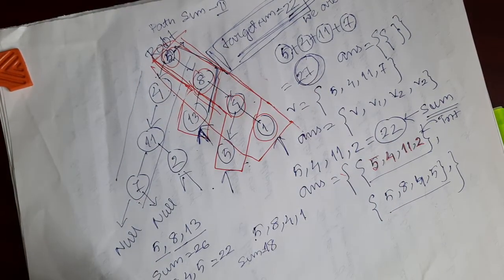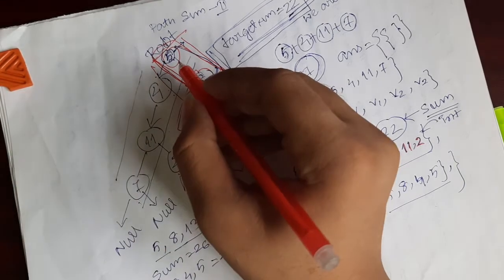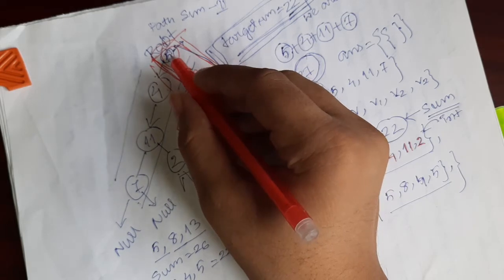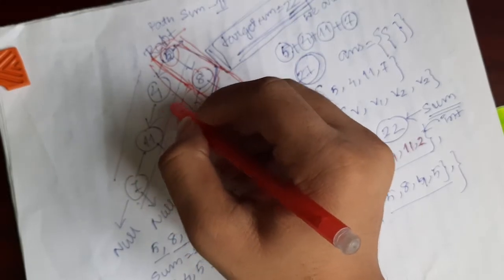In any traversal case, from the root node we go to the left and right node.